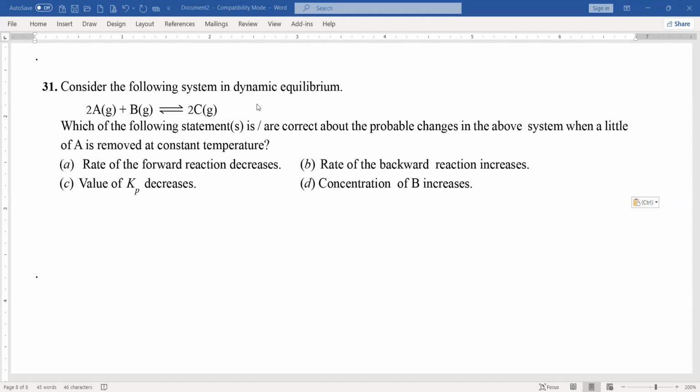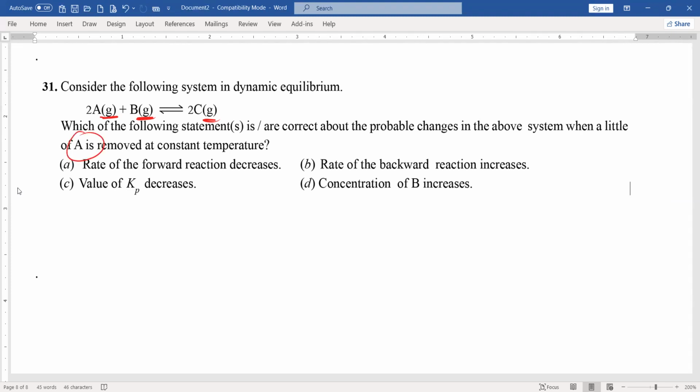Consider the following system in dynamic equilibrium. Whenever you get an equilibrium system, we check the physical states first. Which of the following statements is correct about the probable changes in the above system when a little amount of A is removed at constant temperature?